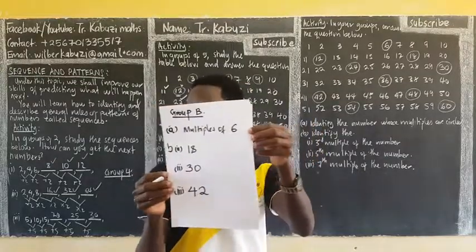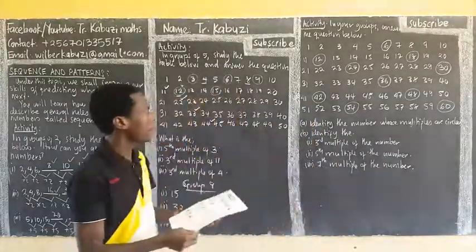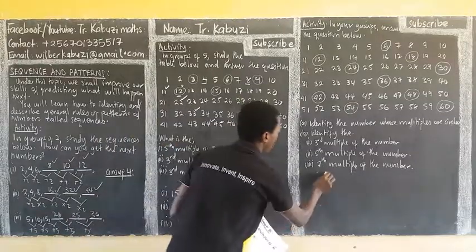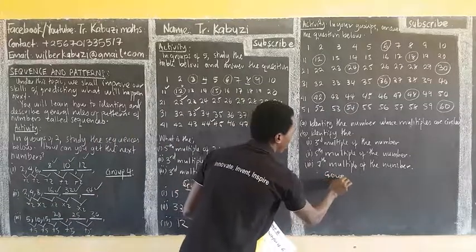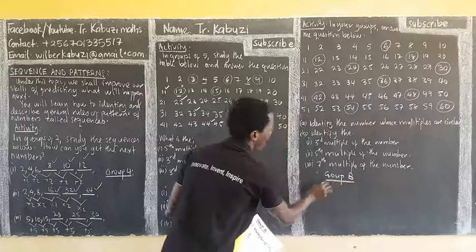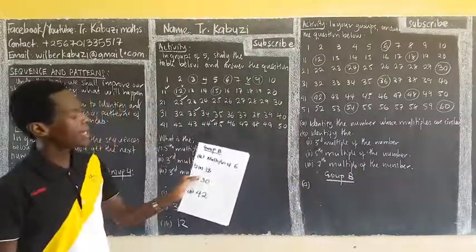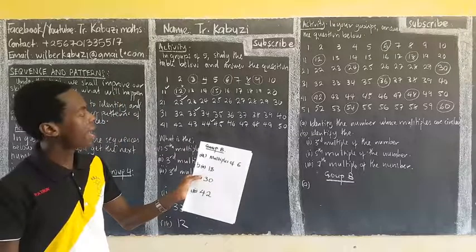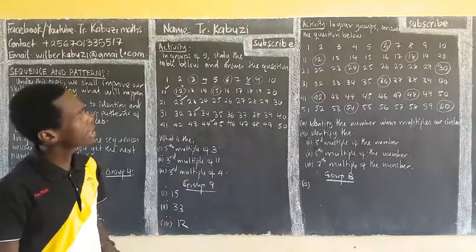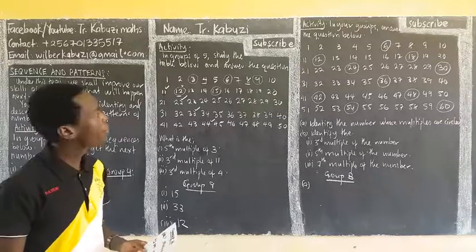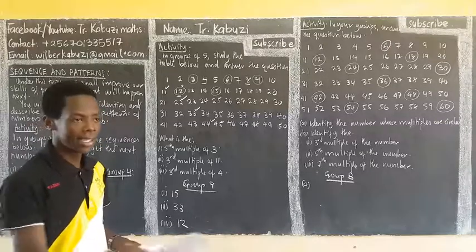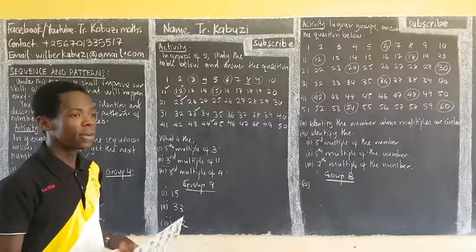So group B, part A, the numbers circled, they are saying multiples of 6. You look at them. Are they multiples of 6? You are saying yes. Why do you think they are multiples of 6?